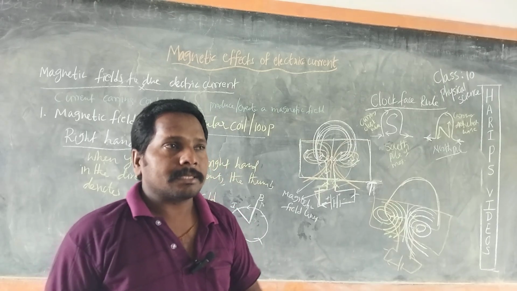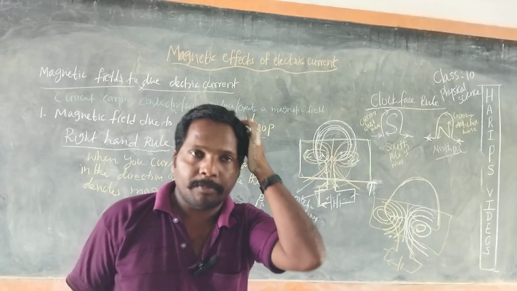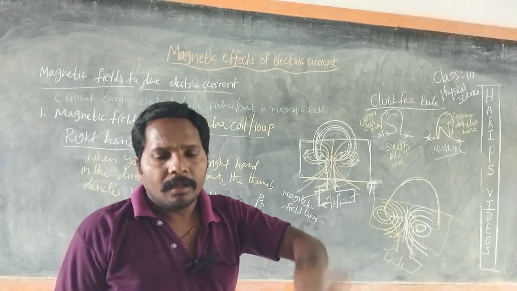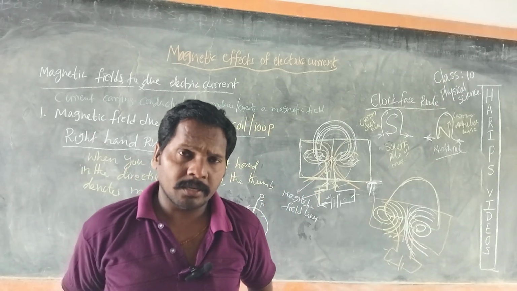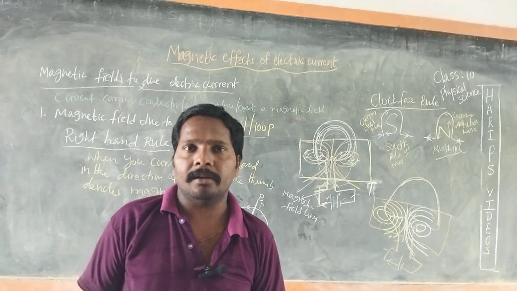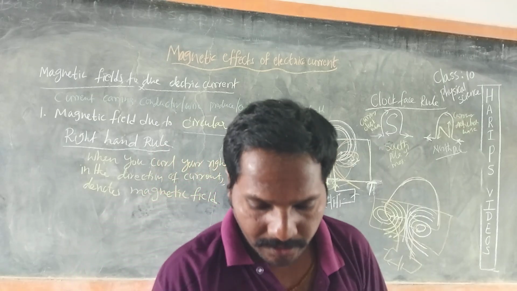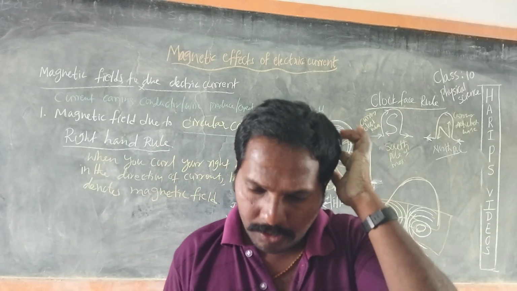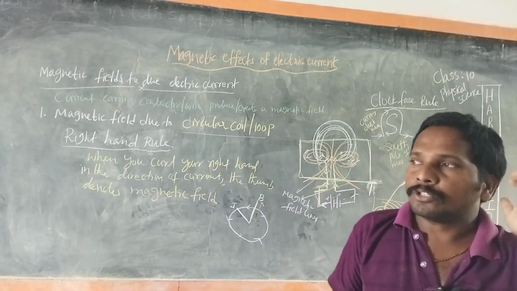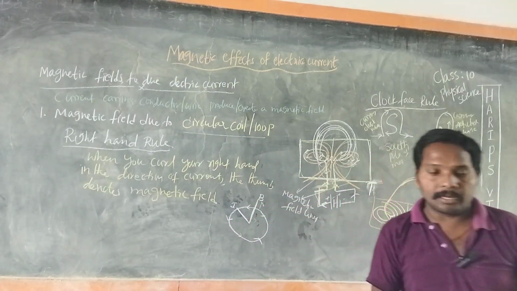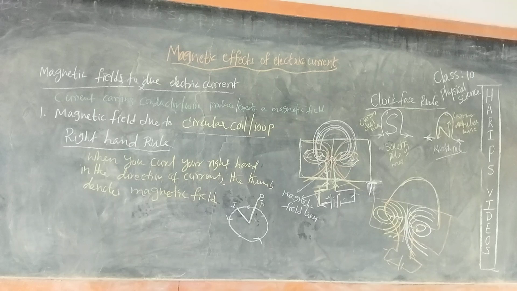Depending on these, the magnetic field is strong or weak. So this is about the magnetic field due to a circular coil or loop.